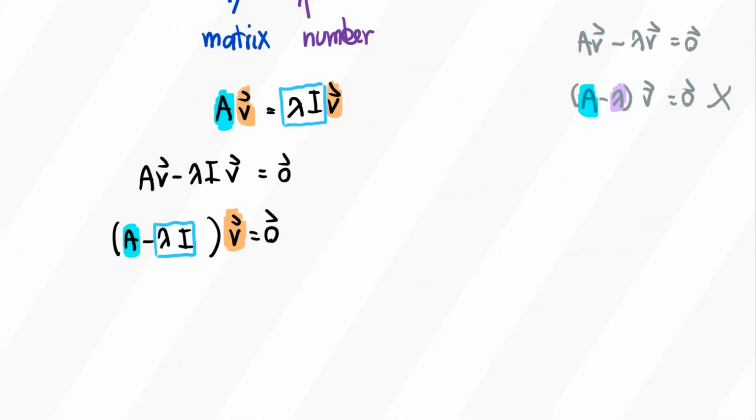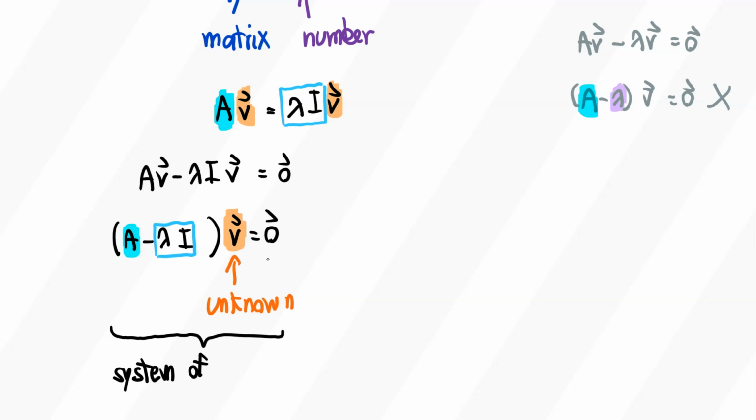But now, if we look at this equation again, remember that V is the unknown. So it would seem like the whole thing that we are looking at is just one big system of linear equations. We have this pink matrix.